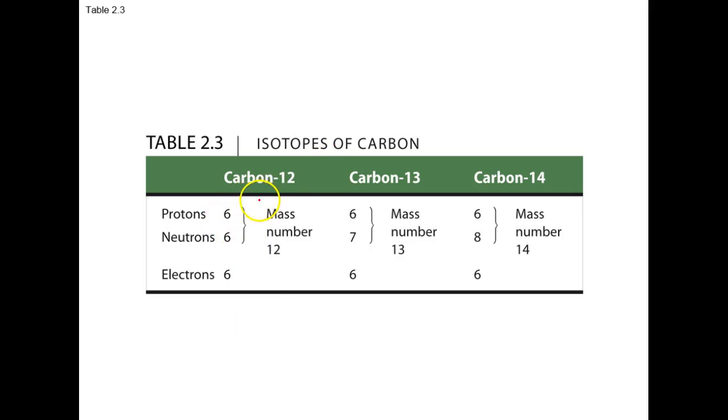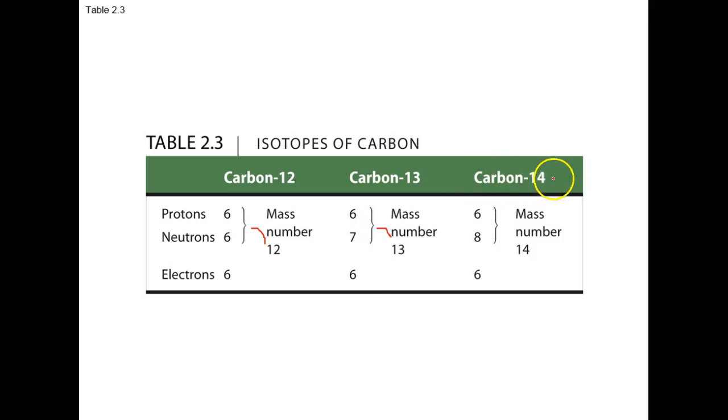So here are some isotopes of carbon. Quote-unquote normal carbon has 6 protons and 6 neutrons, so the mass number is 12. Sometimes there are isotopes of carbon like carbon-13, which has 7 neutrons, giving it a mass number of 13.